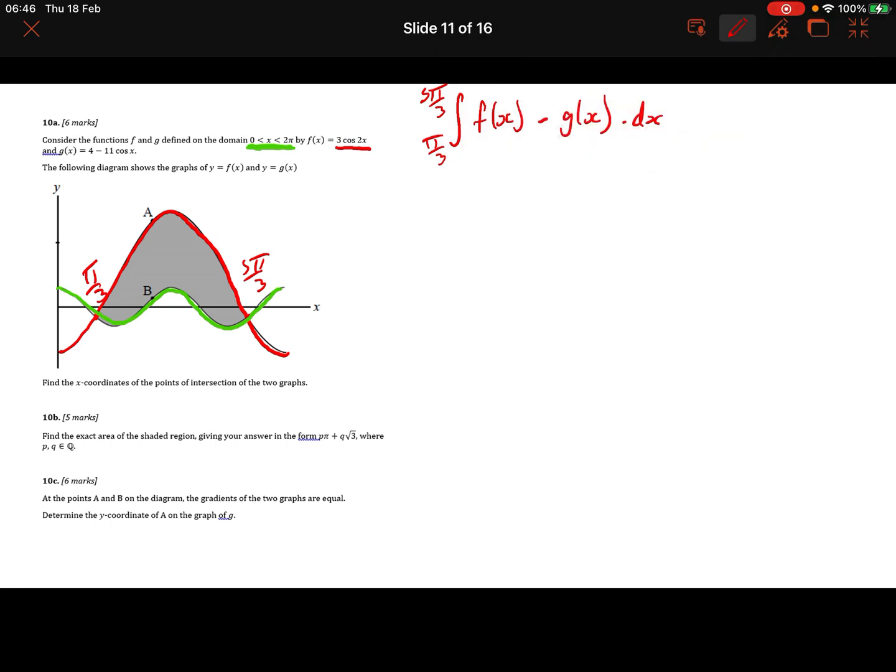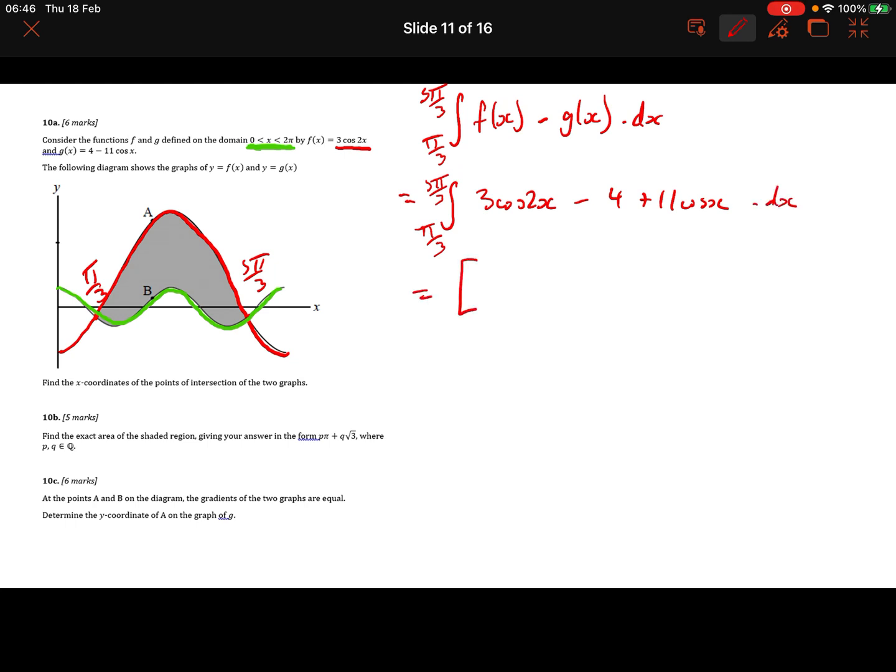So what we're trying to do is integrate between 5 pi over 3 and pi over 3, 3 cos 2x minus 4 plus 11 cos x, okay, with respect to x. So pretty easy to integrate.